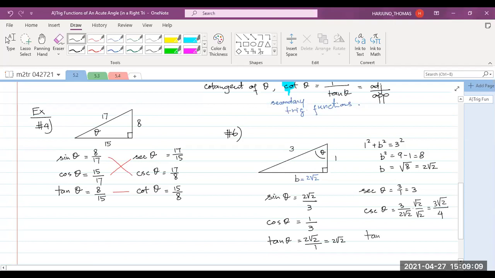Cotangent theta is the reciprocal of tangent. Multiply by radical 2 on the top and the bottom gives me radical 2 over 4.